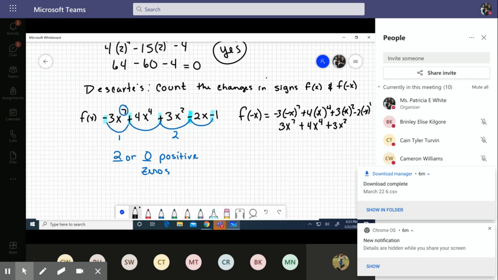So that's an odd one, so that is going to change. Minus 1. How many negative zeros am I going to have, guys? How many changes? Positive, positive, positive, positive, negative. 1 change, right? So that means I will have 1 negative zero.